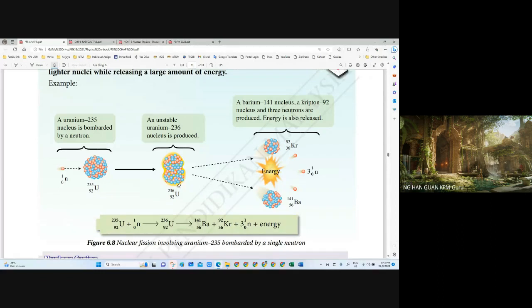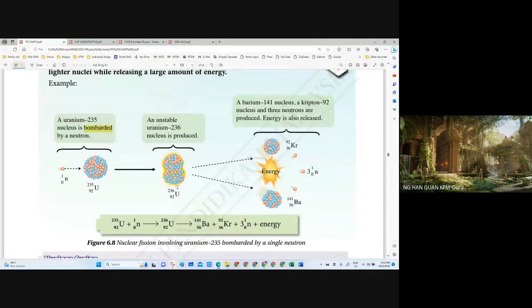That is when uranium-235 has been bombarded by a slow-moving neutron. This textbook doesn't highlight the slow-moving neutron, but that is the concept. Then it becomes the isotope uranium-236.